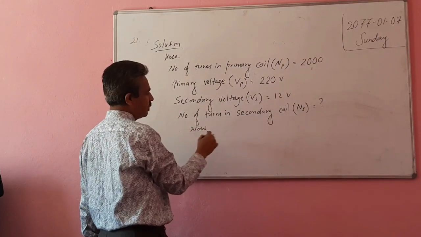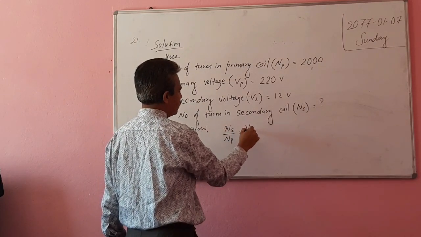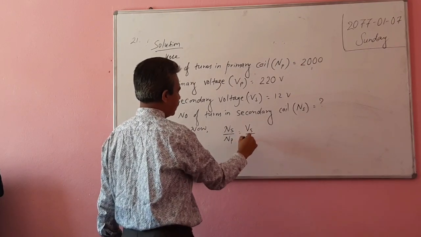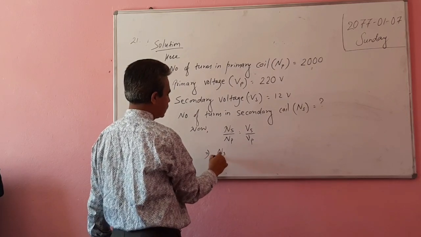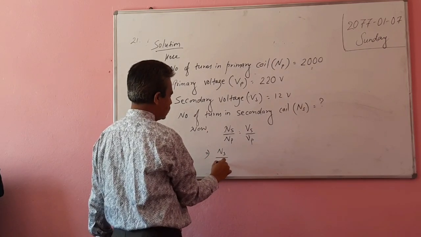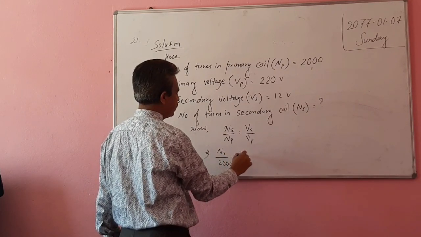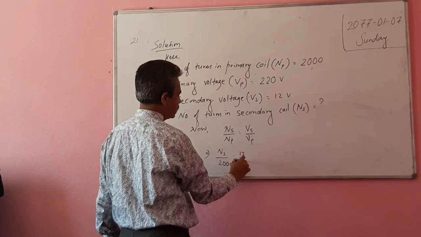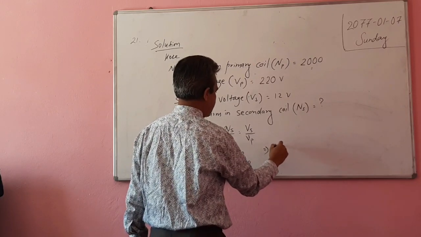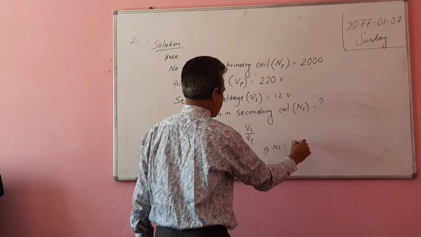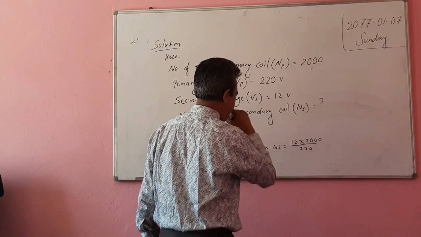Now, what is the formula? Ns by Np equals Vs by Vp. Okay students, now what is the value? Ns we need to calculate. Np is 2000. Vs is 12 by 220. Then how much does it come? Ns equals 12 multiplied by 2000 by 220.